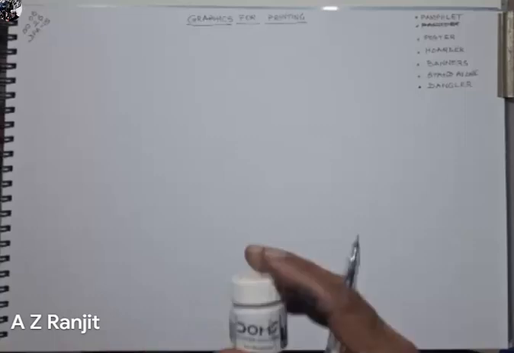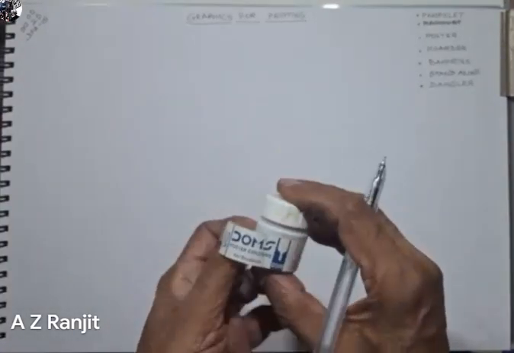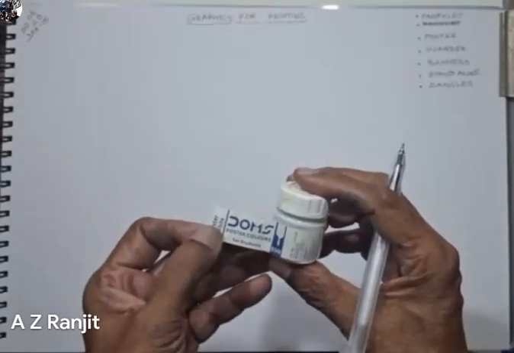What else is there? I'll actually show that. This is there. What is it called? Labeling. Label.